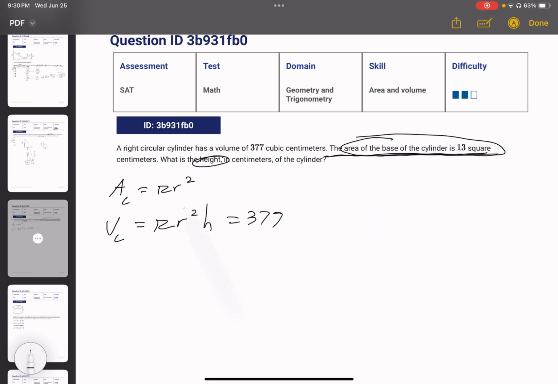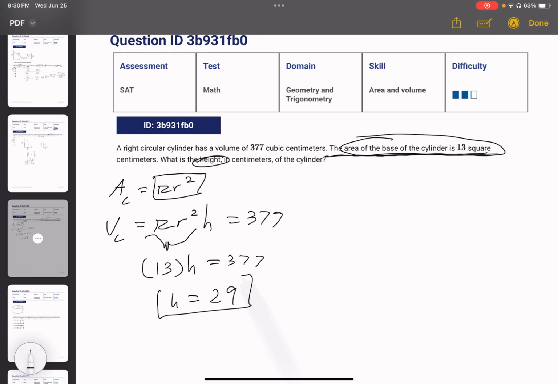So if we know the area of the base, which is pi r squared, this is equivalent to 13 times h, which is 377. Now we divide both sides by 13, and we get h is equal to 29 centimeters. That's going to be your answer, and put it into the computer. Not too hard at all.